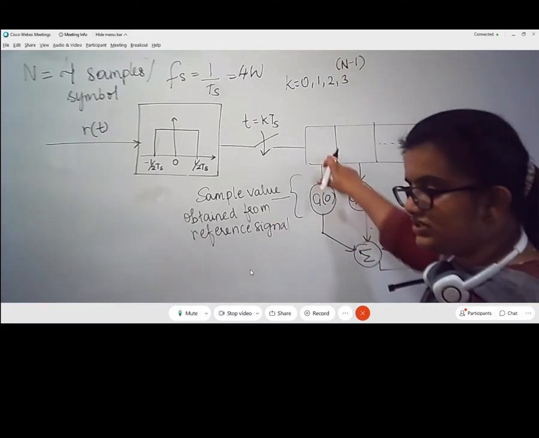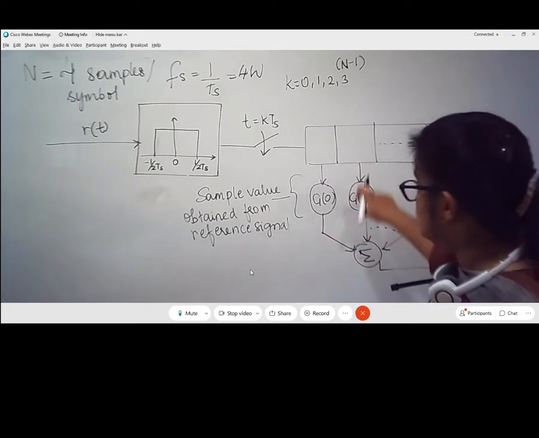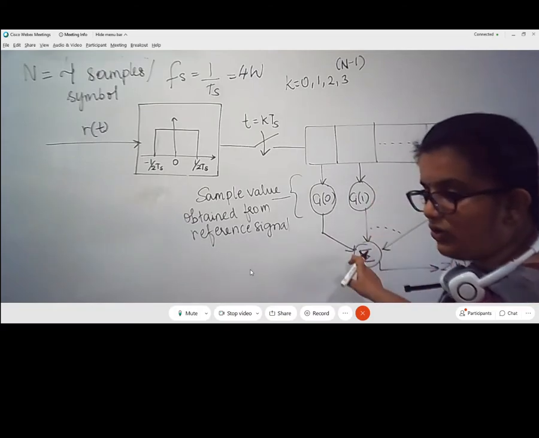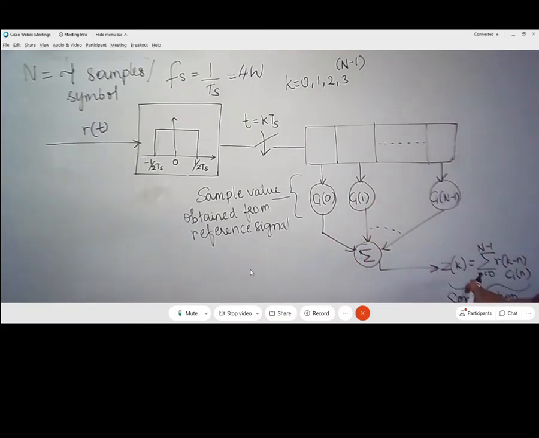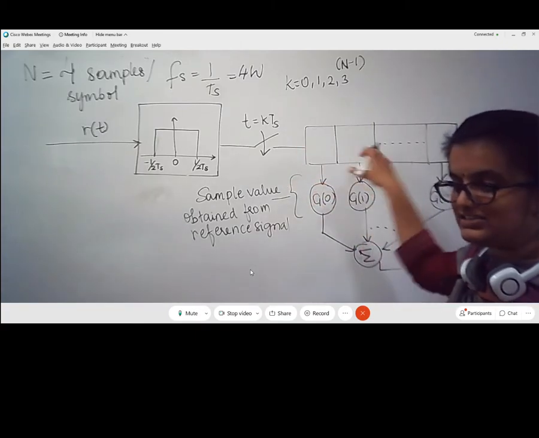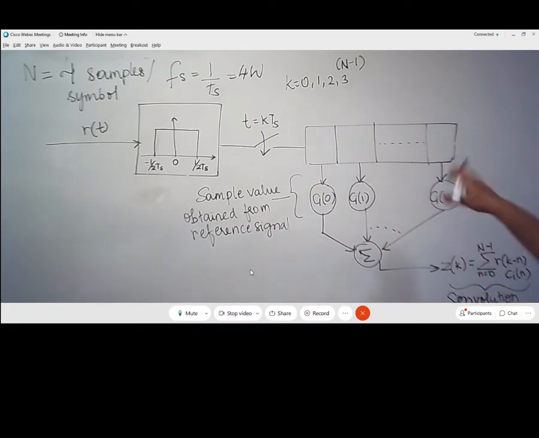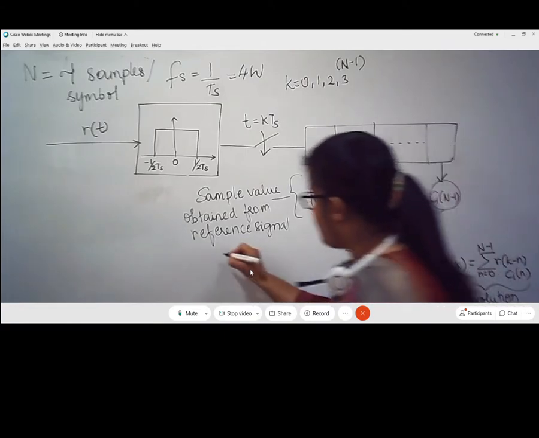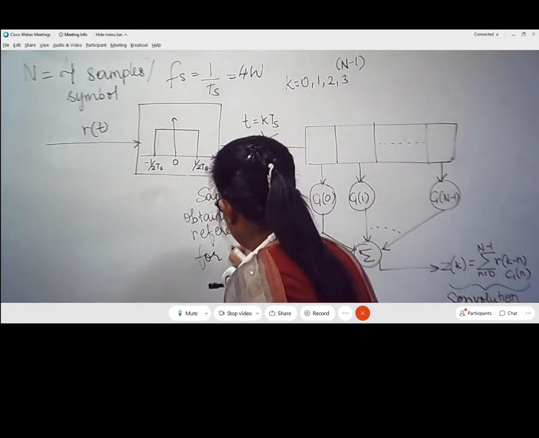If these two match, then they are going to multiply themselves and get added all together, and therefore I am going to get a predetection point which will have a positive value when all the samples match exactly. If they are not matching, then this z of k will be negative in nature, which will tell us that it is not actually symbol 1 or symbol 2. So the Ci, the weights, are defined for the reference signal.